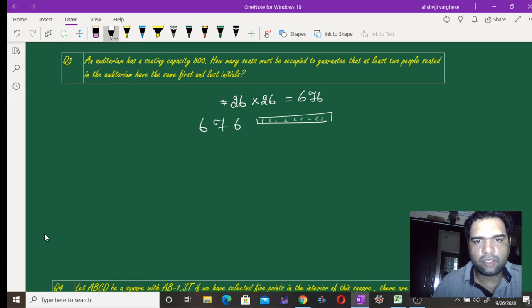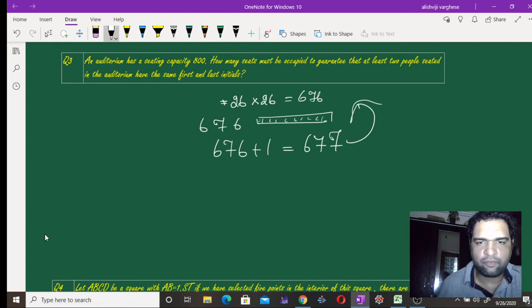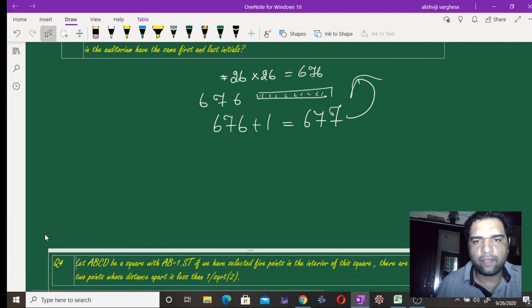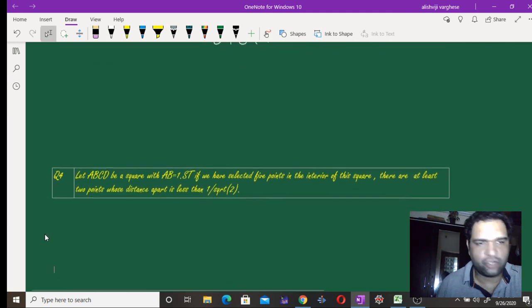And to ensure that there is at least one cell with more than one person, or at least one initial which is associated with more than one person, we need 676 plus 1 is equal to 677 people seated in the auditorium. So that is the minimum required number of people in the auditorium to ensure that at least 2 of them have the same set of initials.